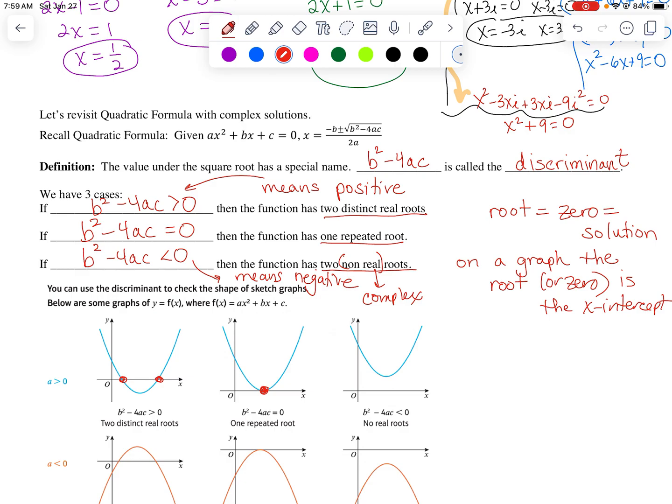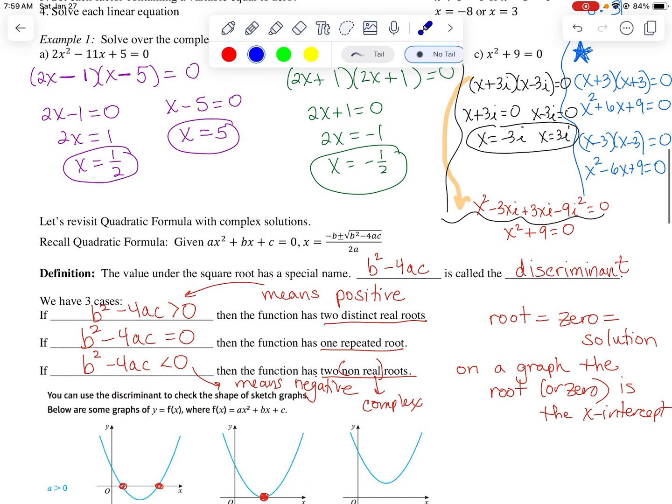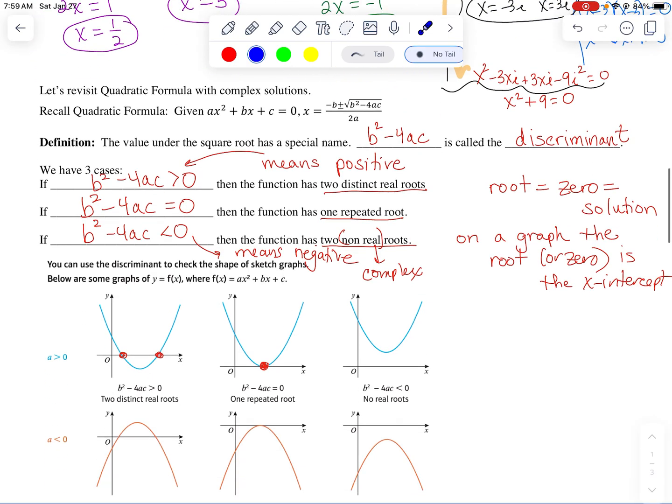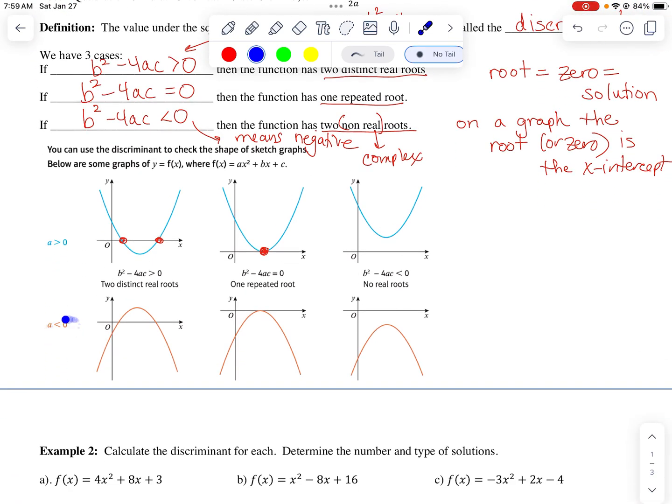And then in our third case, when the discriminant is negative and it opens up, it means there's no real roots. There's no x-intercepts. It does have two solutions, but they're complex. All right, then let's look when a is negative, from the general form. When a is negative, that means the parabola opens down.